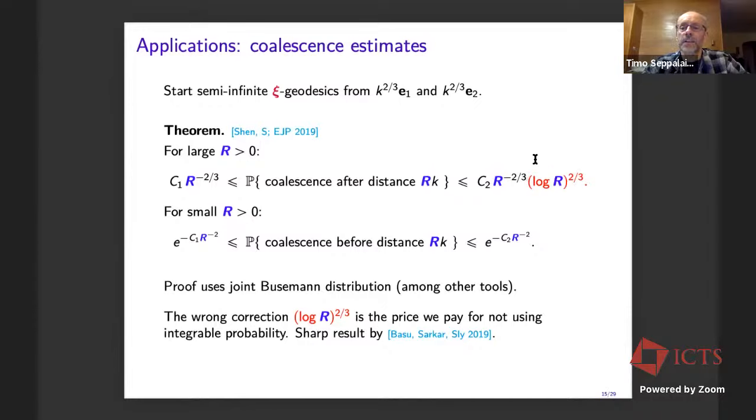We have this logarithmic blemish here. That's the price we paid for not using interval probability. And the sharp result was proved earlier by Riddhi and Sourav Sarkar and Allan Sly in their 2019 paper. So that's coalescence, the first application.